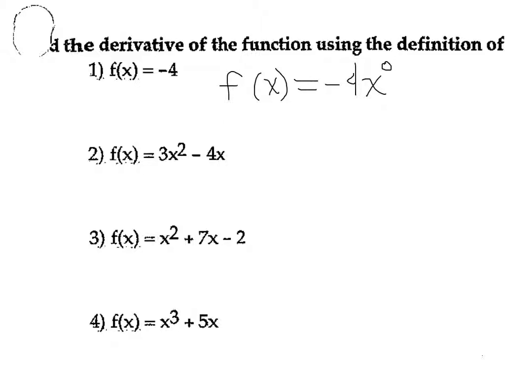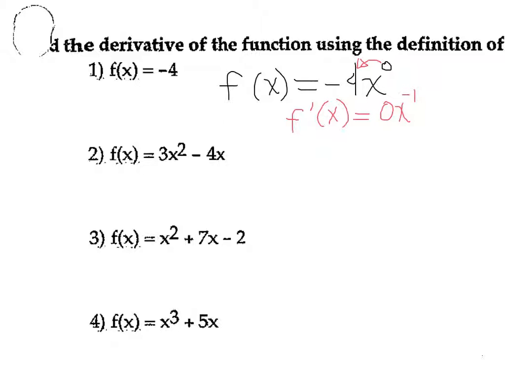So the derivative, what you do in this process is you multiply the exponent times the constant number, and then you decrease the number by 1. Okay? So when you multiply 0 times -4, that would be 0. So the way you're going to write it is like this. F prime of x, that is the derivative notation, equals -4 times 0 is 0, x, and then 0 minus 1 is -1.